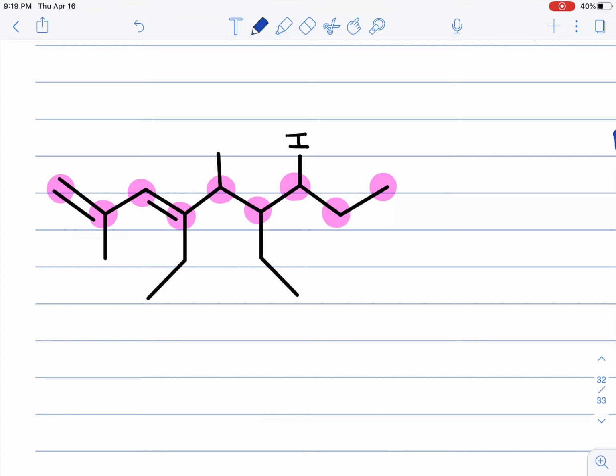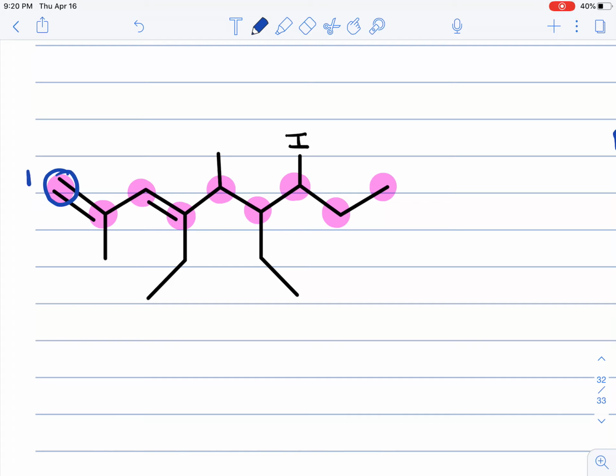And once again, since we're dealing with double bonds, the double bond gets the lowest number in the numbering of my parent chain. And so it gets priority over the halogens and the alkyl groups. And so since I see that my double bond already starts at carbon 1, I'm just going to go ahead and put in 1. Okay.